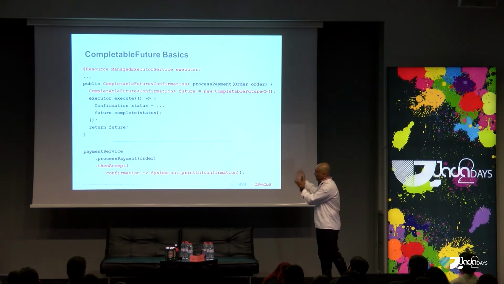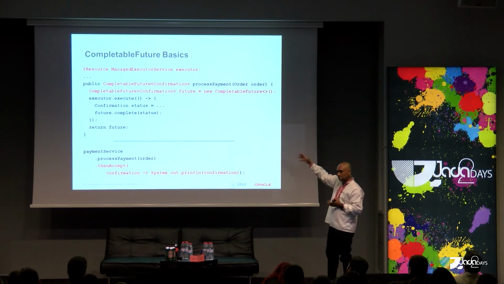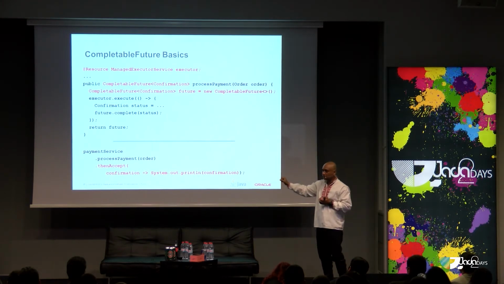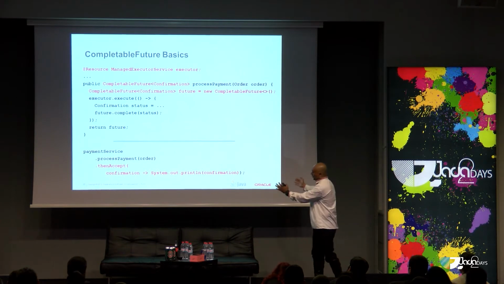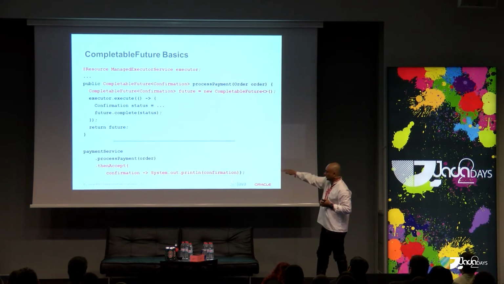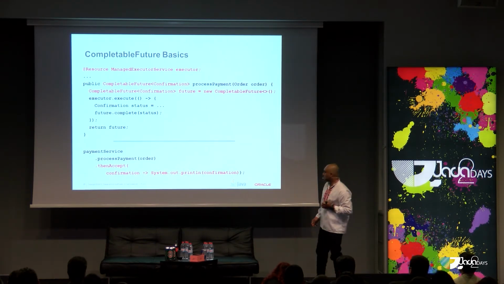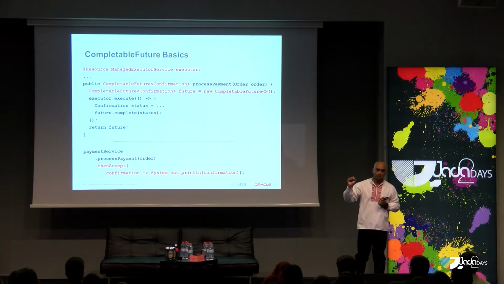You're calling process payment and getting a completable future with the type returned back. You're not blocking by calling future.get. What you're calling is thenAccept and registering a callback. What you're saying is that when process payment is done, please execute this lambda expression. So this code down here is actually not blocking. That's a key differentiator.